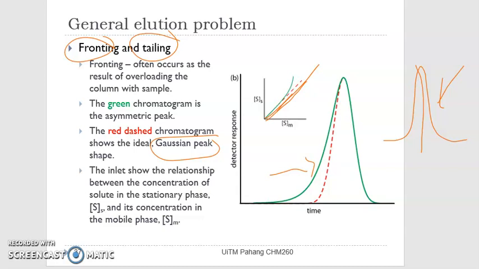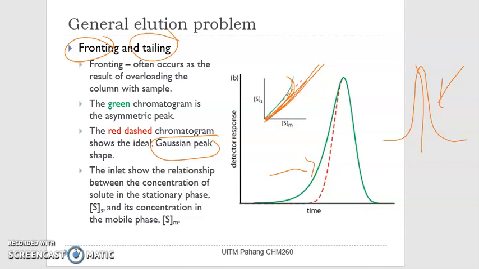The relationship of our analyte with the mobile phase and stationary phase should go up like that, and then it will be eluted because the mobile phase carries the analyte. But as you can see here, instead of going like this, makin lama makin tinggi, the mobile phase carries it, but it does not want to, so it deviates to the stationary phase. So dia ke arah stationary phase lagi.